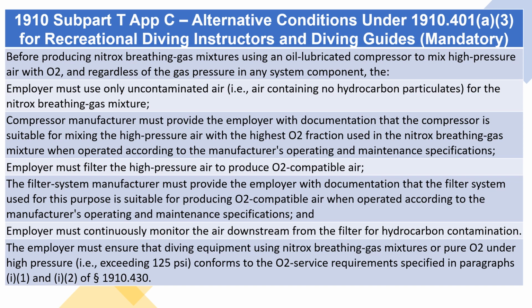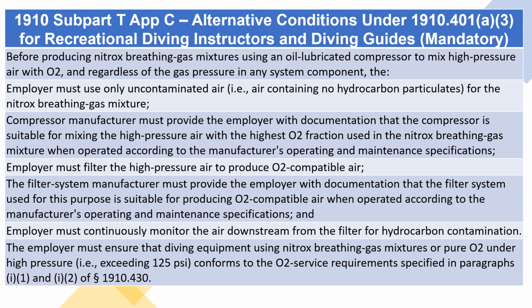Employer must filter the high-pressure air to produce O2-compatible air. The filter system manufacturer must provide the employer with documentation that the filter system used for this purpose is suitable for producing O2-compatible air when operated according to the manufacturer's operating and maintenance specifications. And employer must continuously monitor the air downstream from the filter for hydrocarbon contamination.